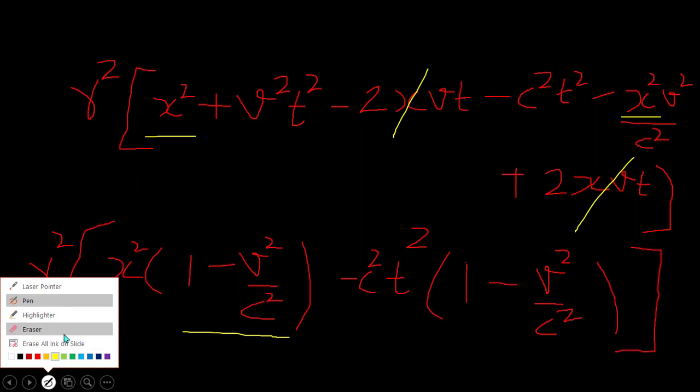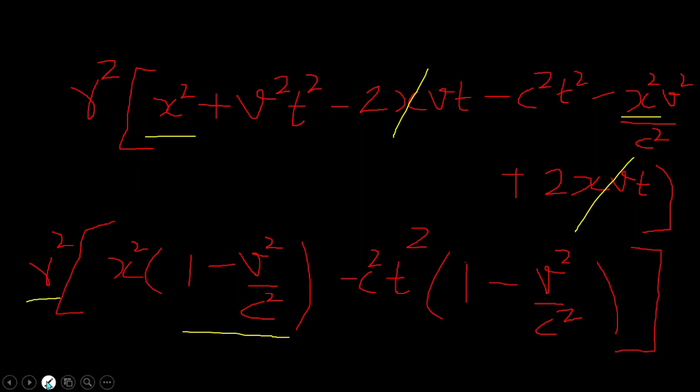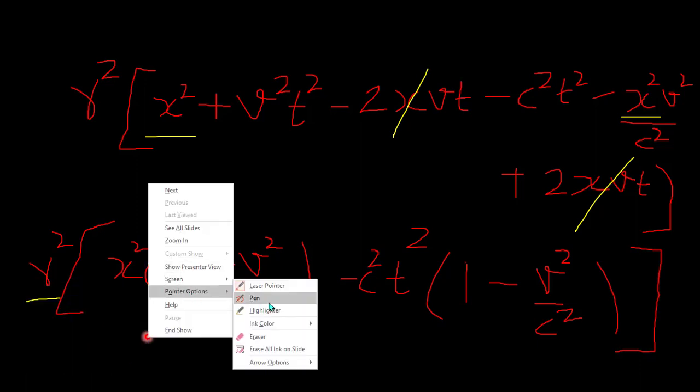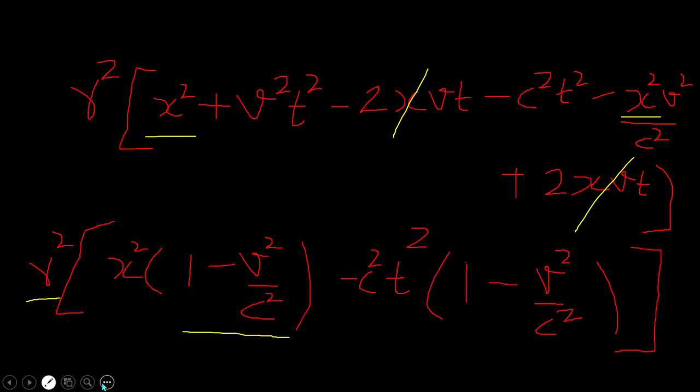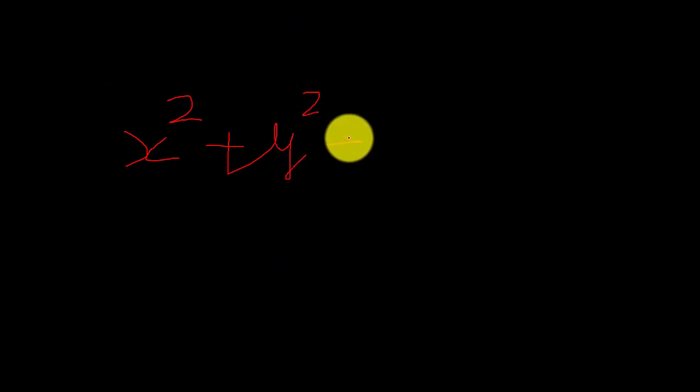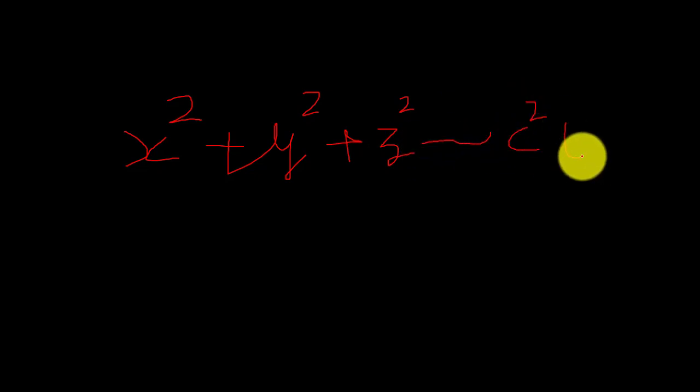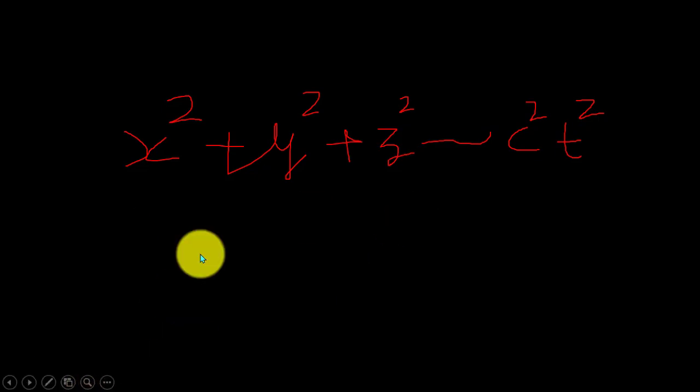In addition to these there were two terms, plus y square plus z square. So this quantity has become equal to x square plus y square plus z square minus c square t square. So this quantity is Lorentz invariant. Always remember that r square minus c square t square is a Lorentz invariant quantity.